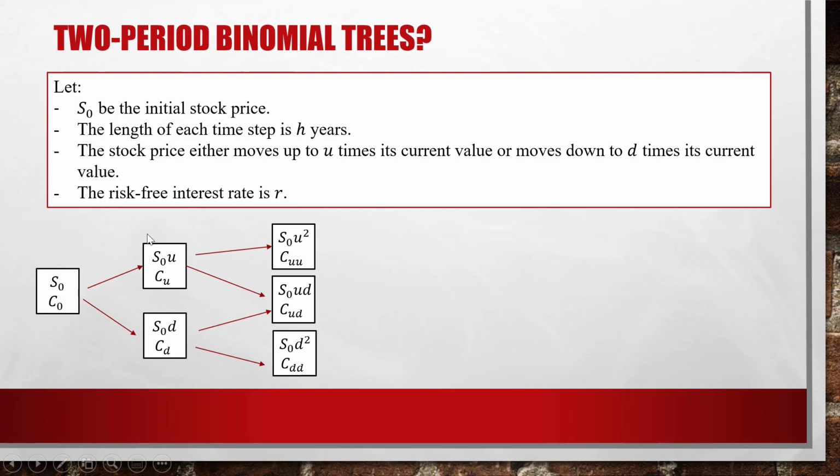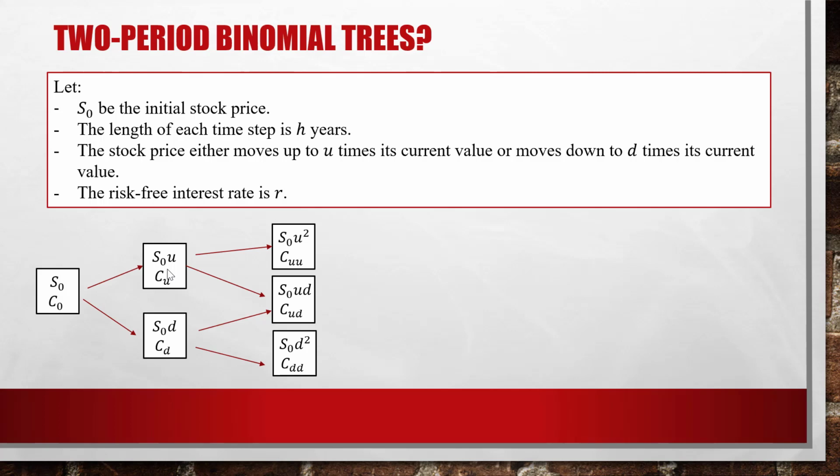Then after each step, remember the length of each time step is h years, so after h years, the stock price can either move up or move down. If the stock price moves up, then the new stock price is S0 times u, and the payoff is Cu. Otherwise, it is S0 times d, and the payoff is Cd.